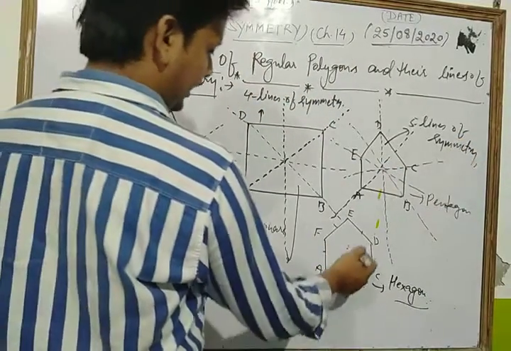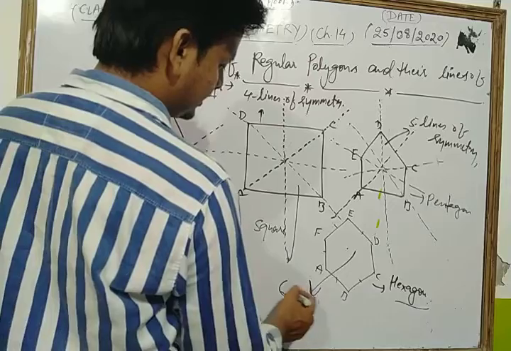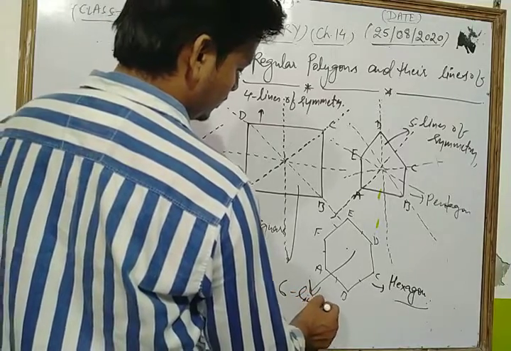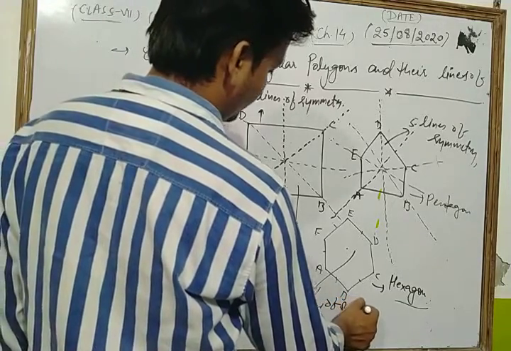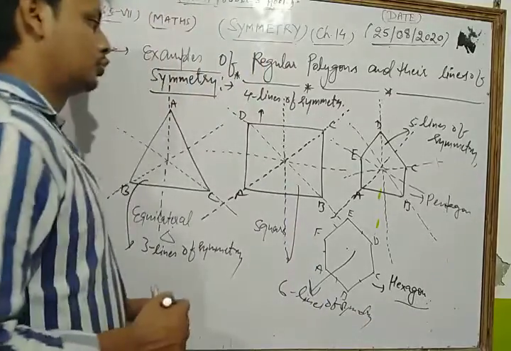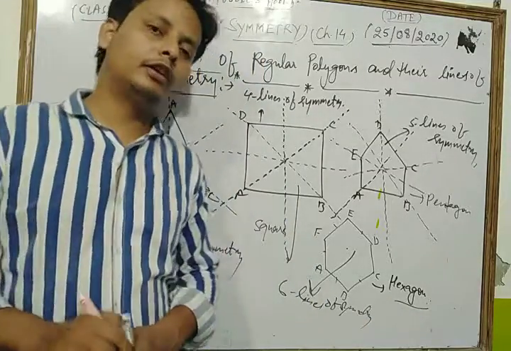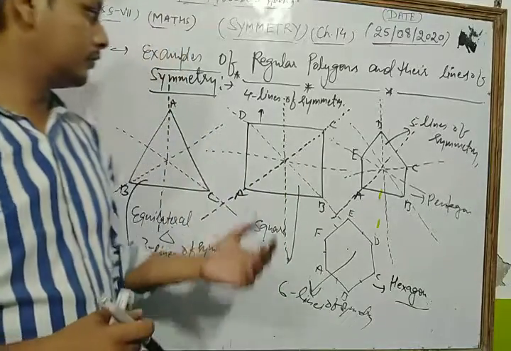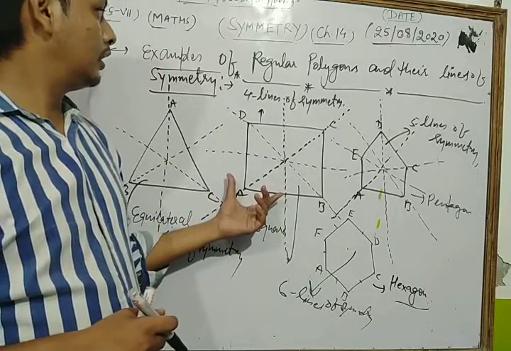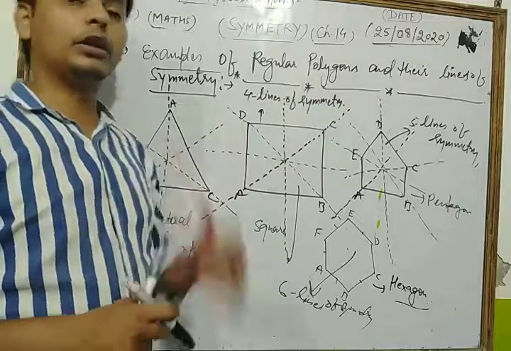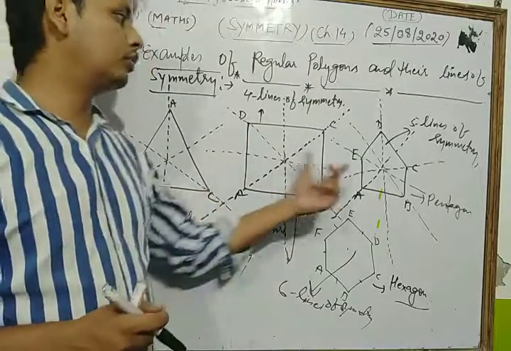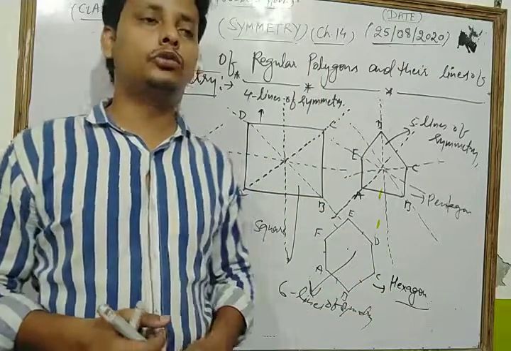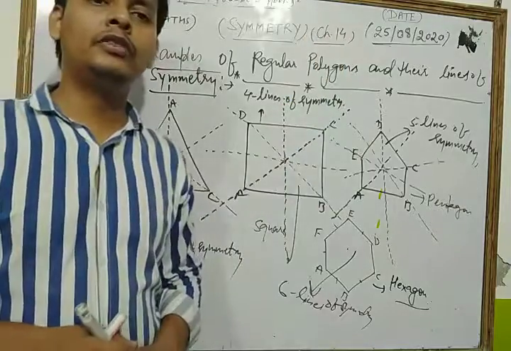Similarly, a hexagon has 6 lines of symmetry. So, dear students, in this way you can draw a figure for the regular polygons of side 3, 4, 5 and 6, and draw their lines of symmetry.